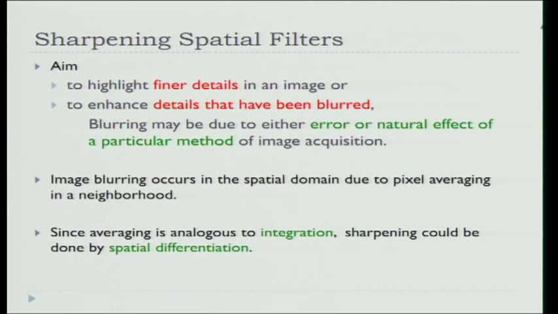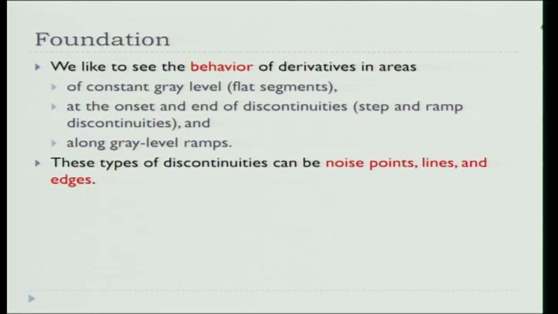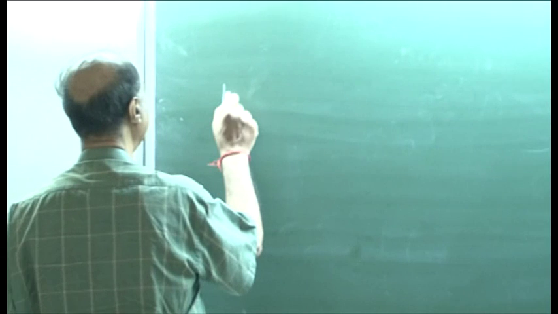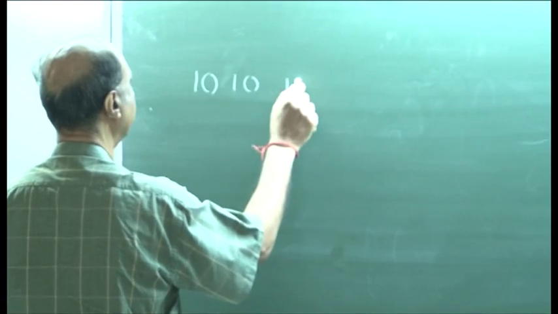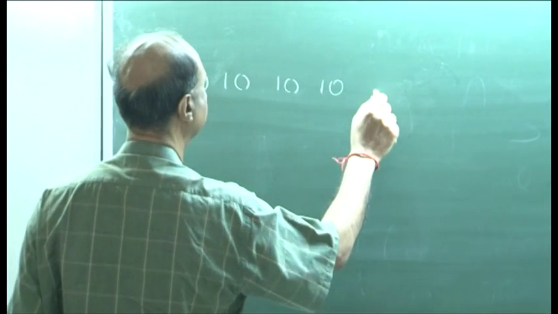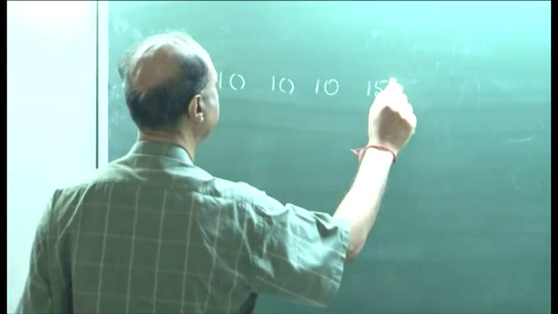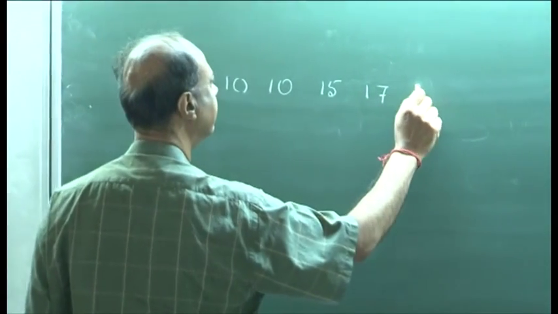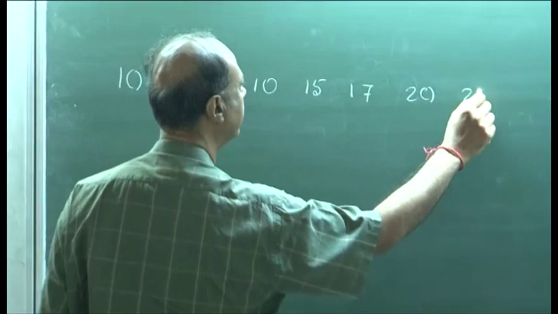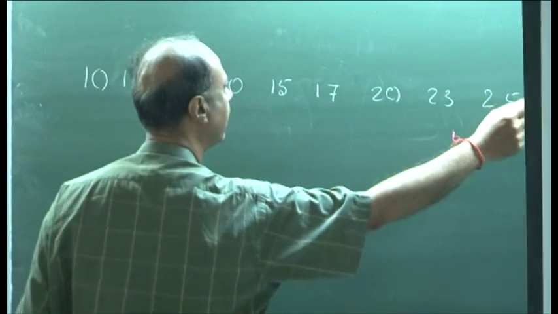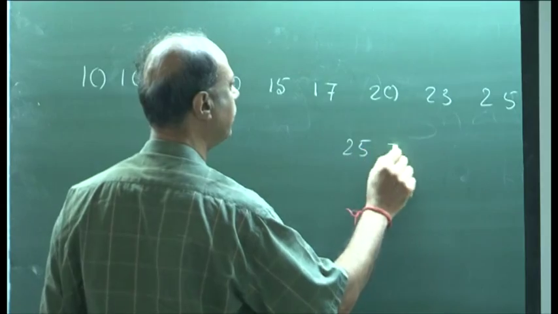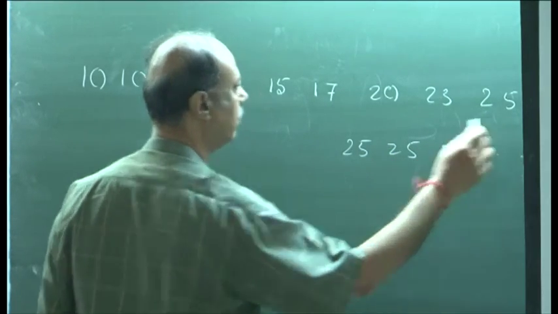That means you need to know the behavior of the derivative. Now, consider the gray values of one row: maybe 10, 10, 10, 10, then 15, 17, 20, 23, 25, and then continuously 25, 25, 25 and so on.